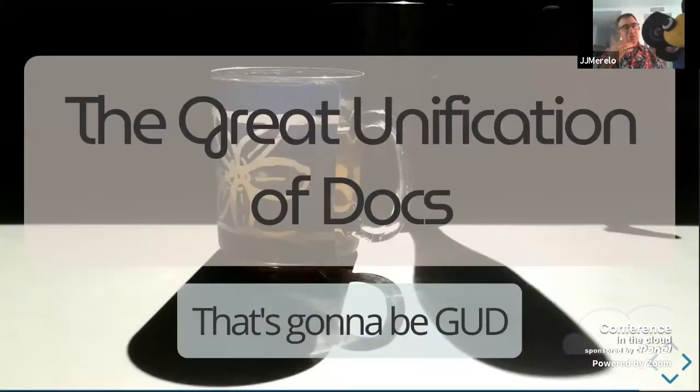Second thing, I would like something like the great unification of docs, which is something we have been looking for for some time. It's going to start being possible right now. The basic idea is that right now Documentable is written for the Raku documentation, and that's it. So if you want to produce documentation for your own module, it's going to be hard.